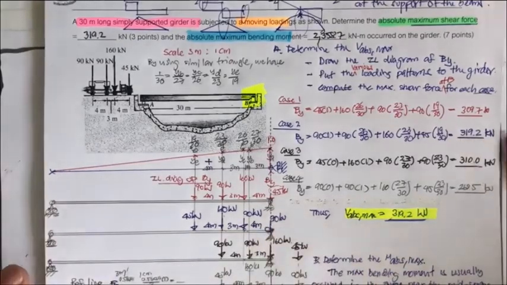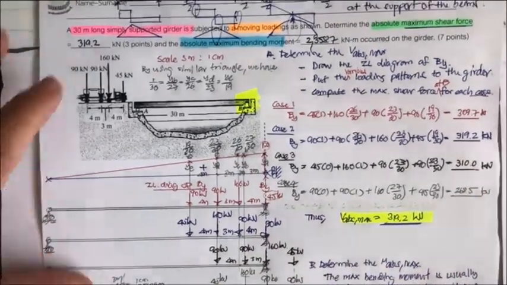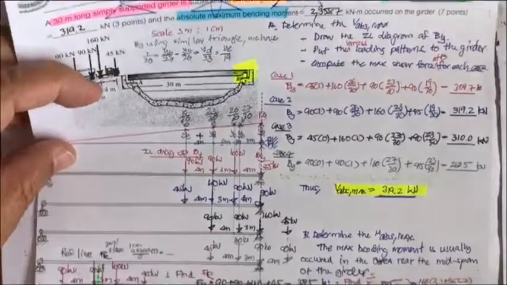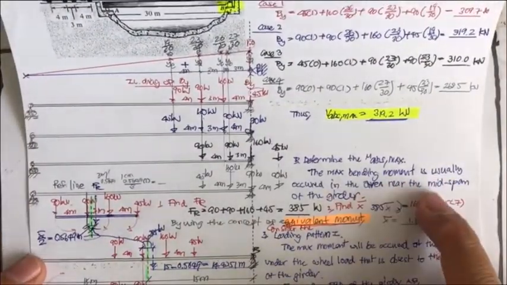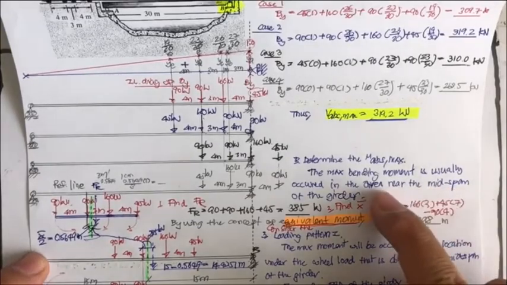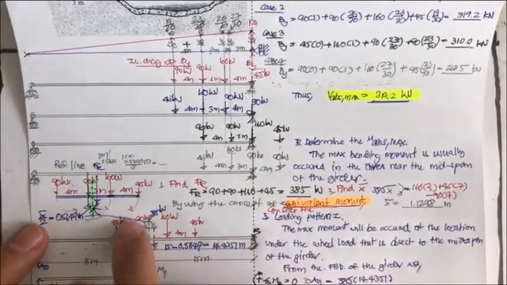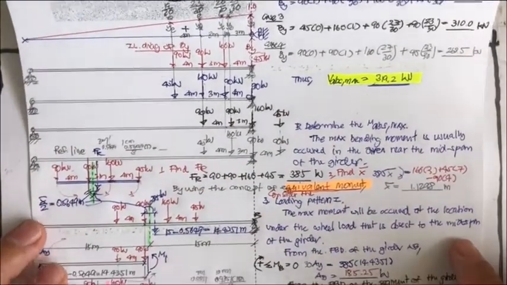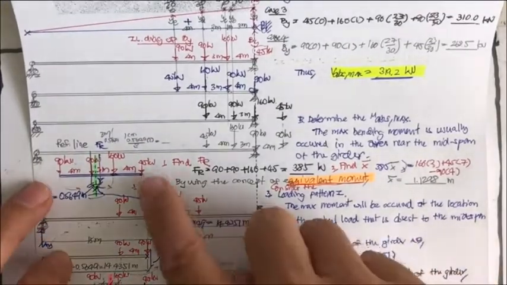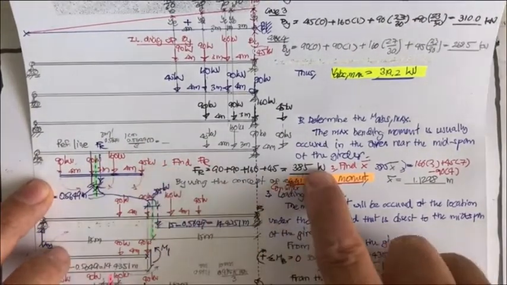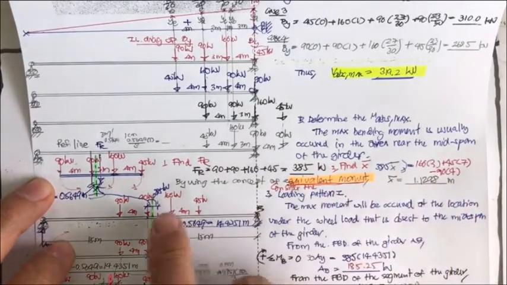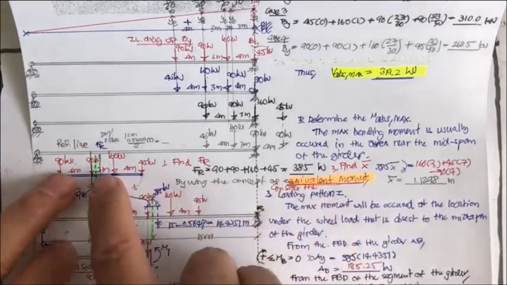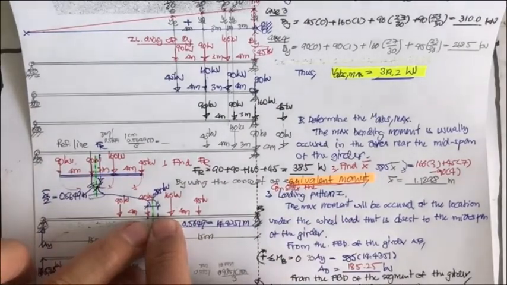Then we determine the absolute maximum moment by the concept that the maximum bending moment usually occurs in the area near the midspan of the girder. That means it's maybe somewhere here. So we need to consider the loading pattern to determine F sub R, to determine X bar. Then we consider loading pattern 1 and do the calculation.